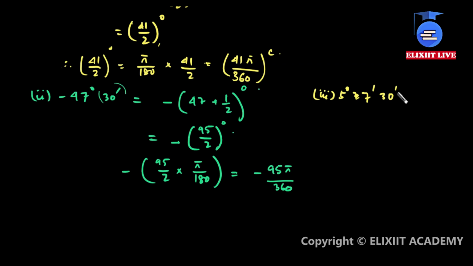Convert this fast. 5 degree, 37 minutes, 30 seconds. Convert into radians.